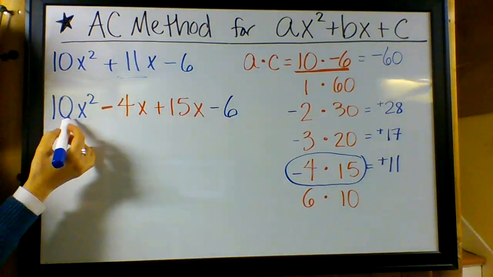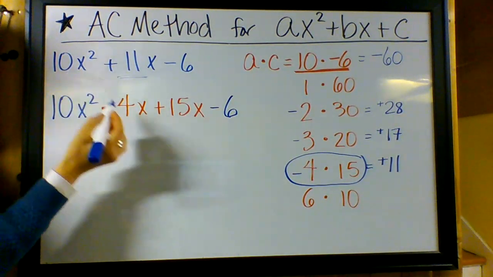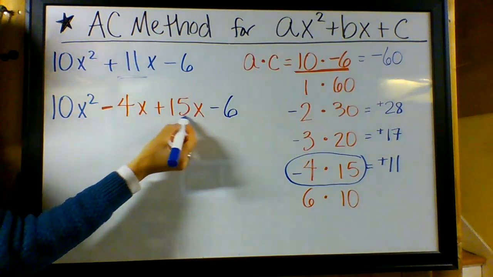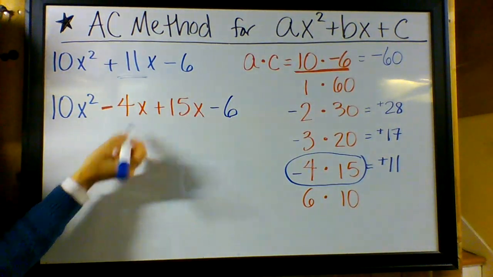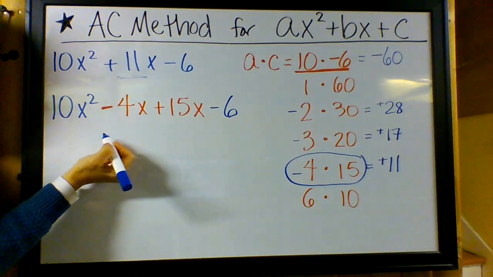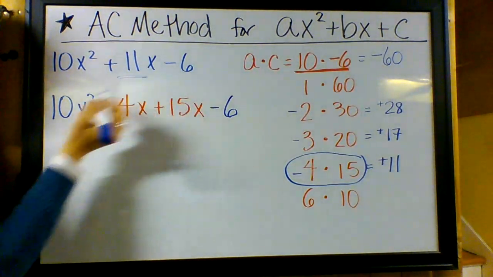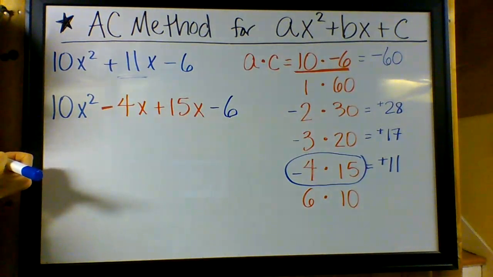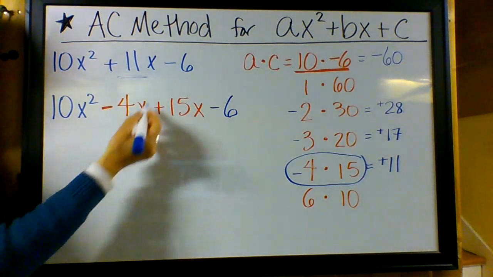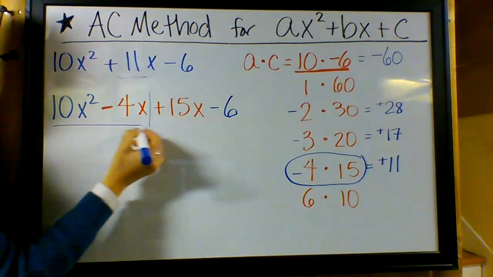And let's check it. 10x squared minus 4x plus 15x gives me positive 11x minus 6. So this second line equals the first line. And guess what? I've got 4 terms. So what am I going to do? I'm going to factor by grouping.